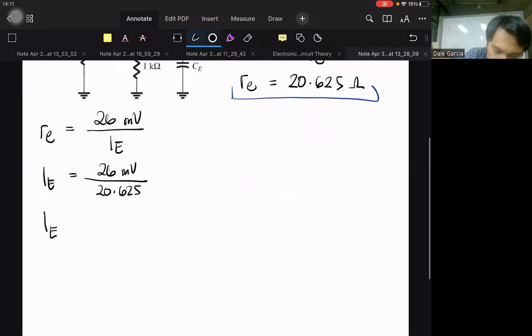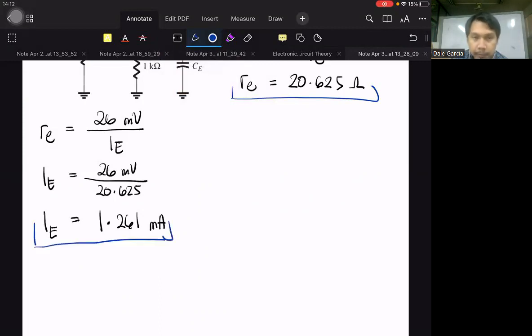Therefore, IE is 1.26 milliamperes. Okay, the next.